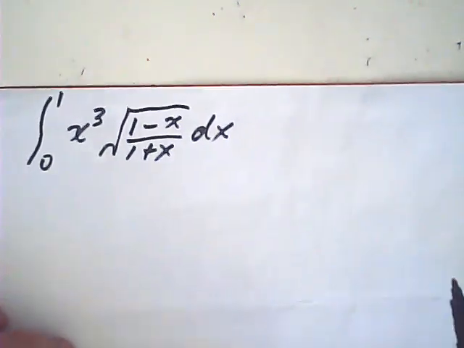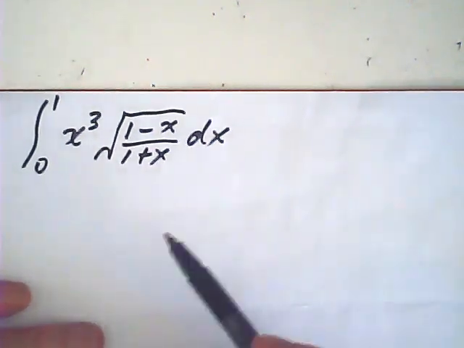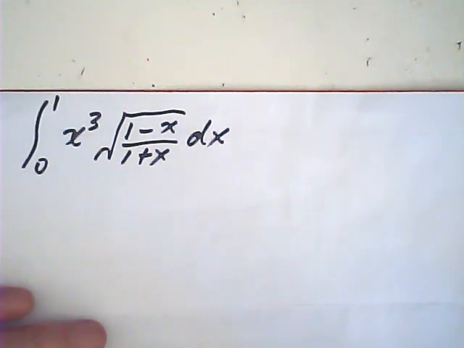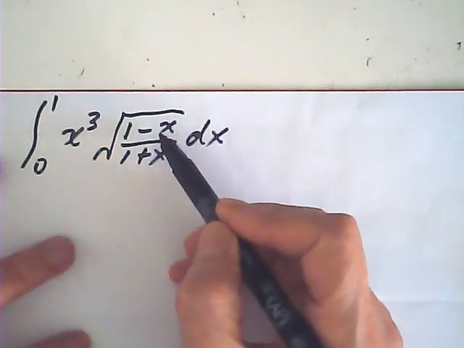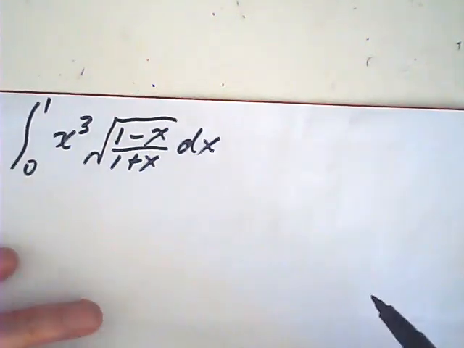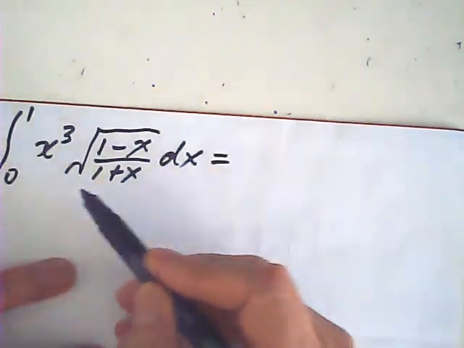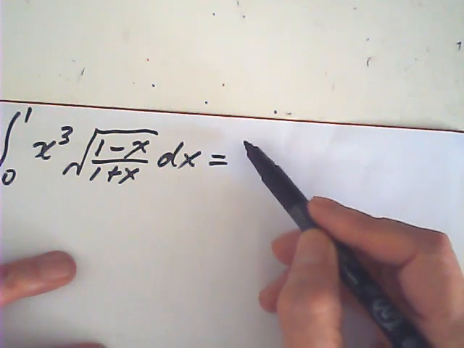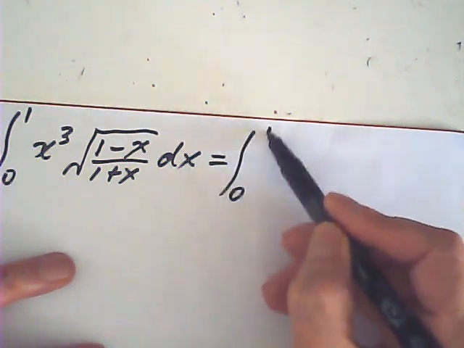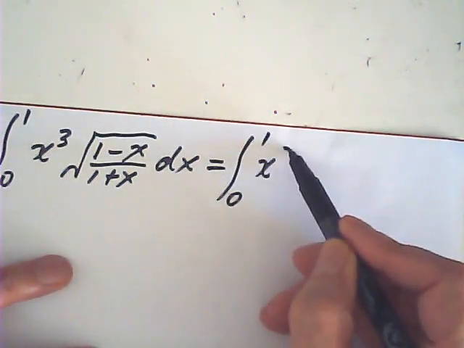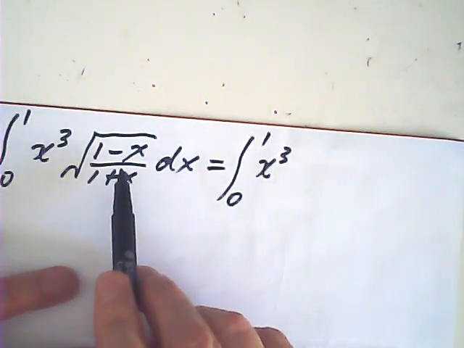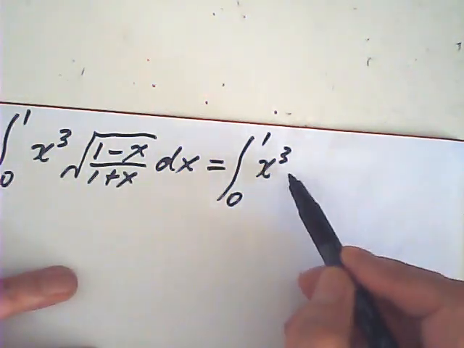This kind of integrals, surely you have more than one method to do. Now here's my way of doing it. I simplify this square root. I multiply 1 minus x, both top and numerator, no?